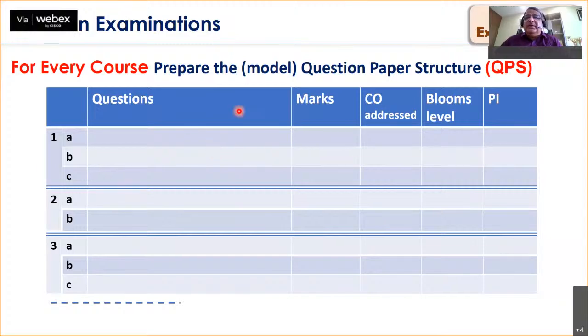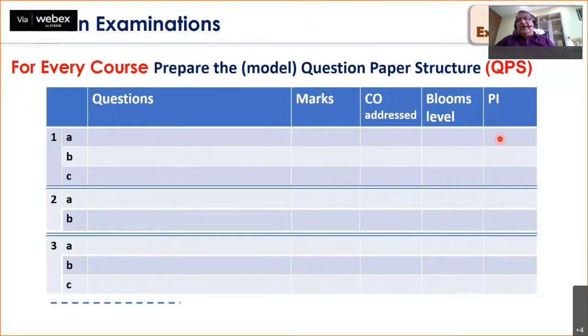So what is the difference between the model question paper and the actual question paper? This part will not change. Same marks, same CO, same Bloom's level, same PI code will remain. What will change is only the question. In the model question paper, there is one question that will be replaced by another question which addresses the same CO for the same marks, at the same Bloom's taxonomy level, addressing the same PI code.